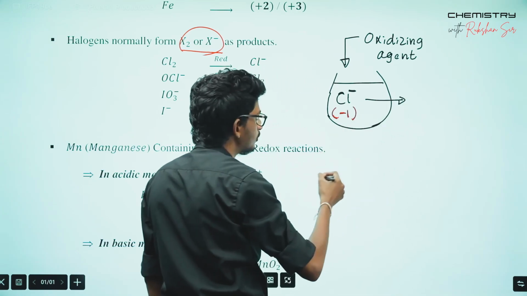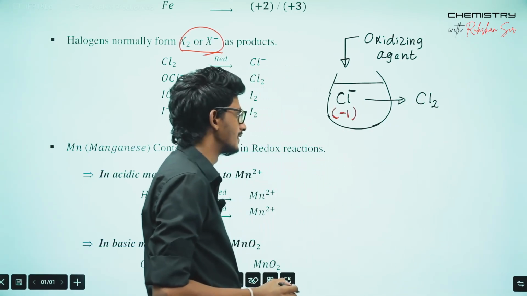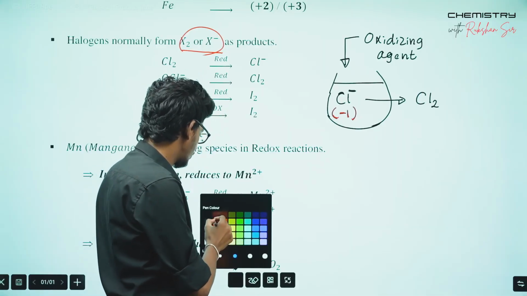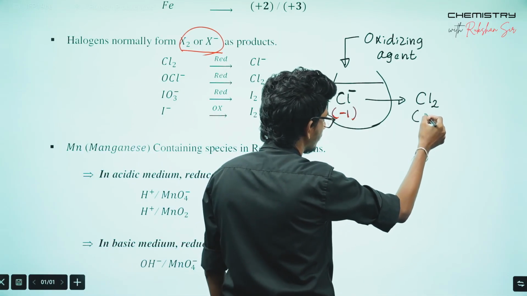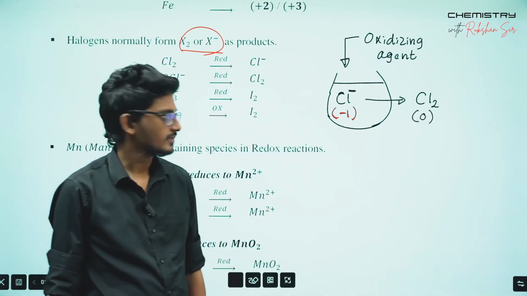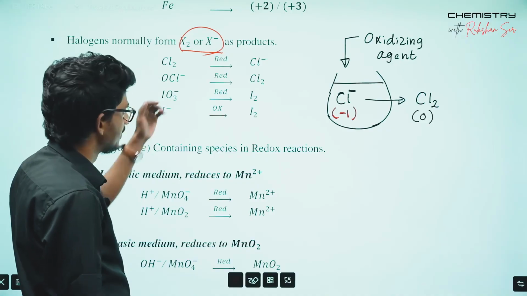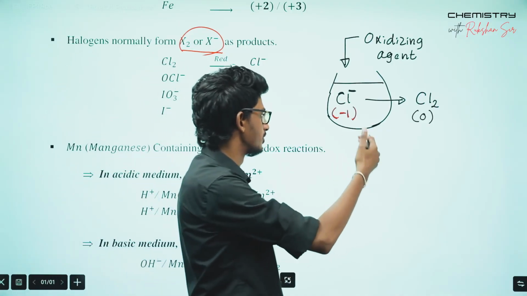To the X2 form, not to any other oxidation states. The chlorine will get oxidized to the X2 form. That is what it says. So in redox reactions, halogens always tend to form the X minus form or the X2 form.